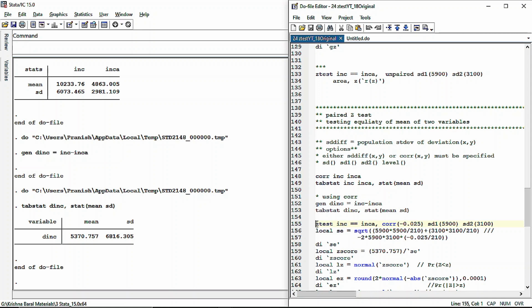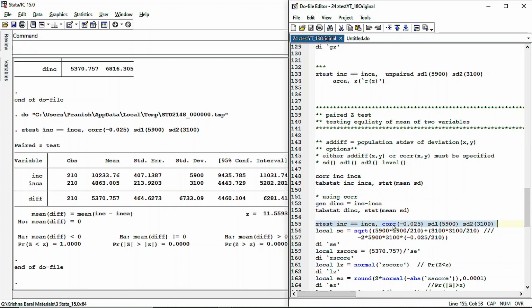Now let us perform the paired z-test, and we use the information of correlation as well. Let us see how we calculate the standard error. We use sigma 1 squared divided by n plus sigma 2 squared divided by n minus twice sigma 1 sigma 2 times the correlation divided by n. Let us see whether we get the same result.